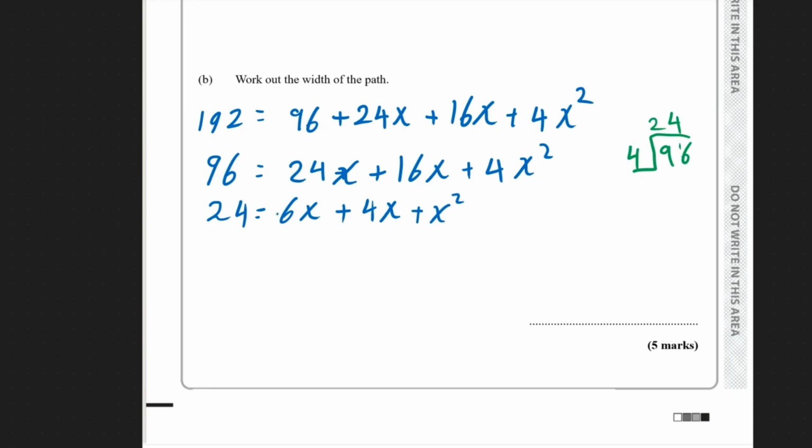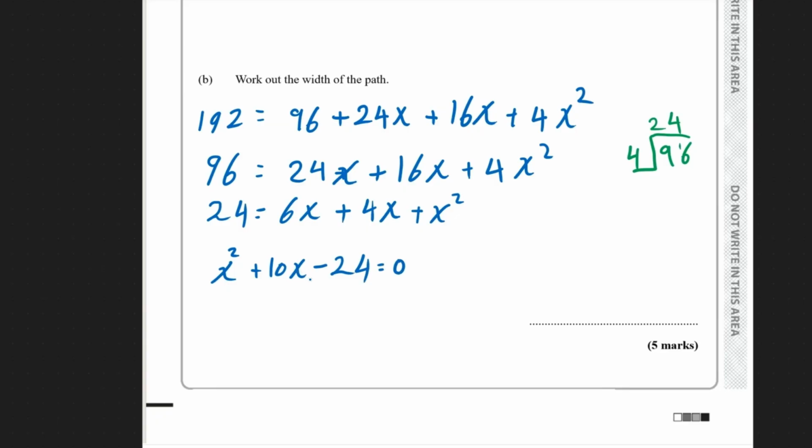Now we need to rearrange this equation to become a quadratic equation. So 24, bring it over to the other side, it would be minus, as now it's positive. Let's rearrange: x squared, and then collect like terms 6x plus 4x, 10x, and then minus 24 equals 0.